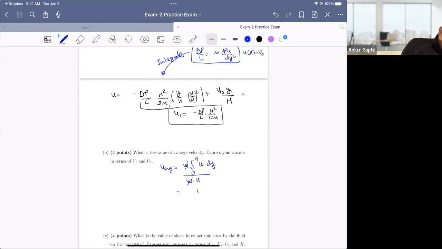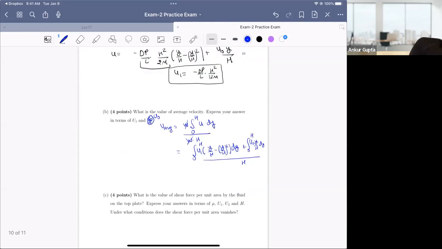So this is u1 into 1 minus y by h, minus y by h whole square, dy, 0 to h, plus u naught, rather this should be u naught, not u2, plus u naught y by h, dy, 0 to h, divided by h.